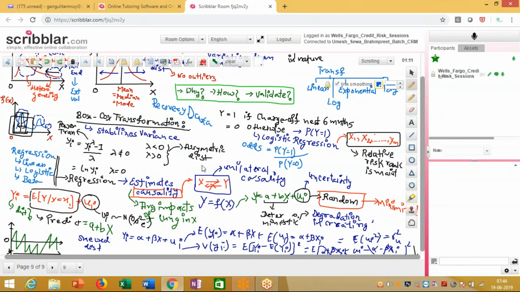In an LGD model we don't have separate performance periods as in PD or EAD models, because I know the account has already defaulted. So my performance period is applied on the recovery data. So within how many months will the collection be completed? That is a very important part.